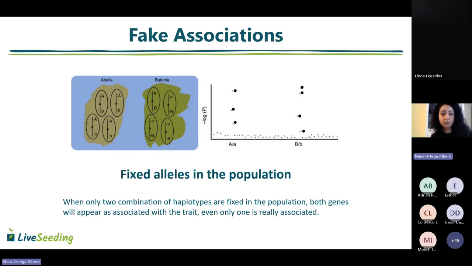This would be a spurious association. We can associate these two genes to the phenotype because they are differential in different phenotypes, but they are actually not causing the phenotype, just because these alleles are fixed in the population and other combinations are not appearing. Maybe if all the combinations were appearing, we would see that it is not actually related to the trait.